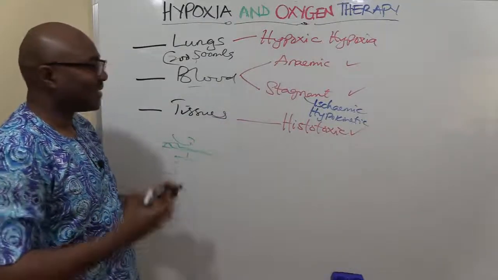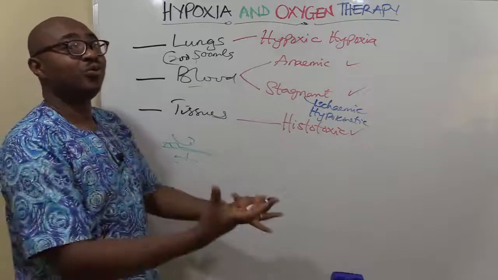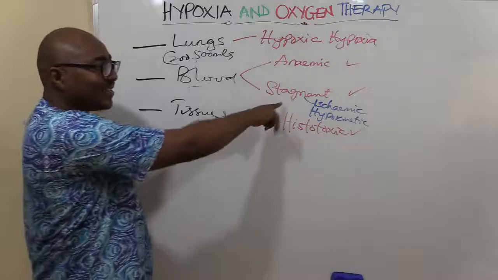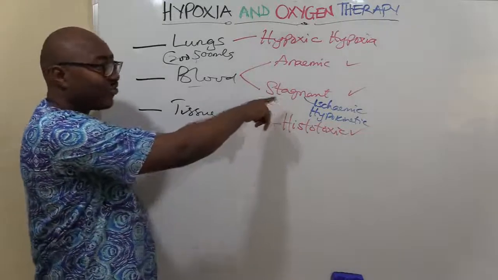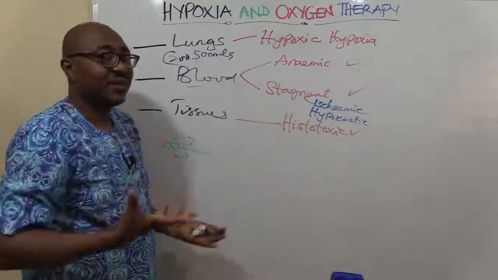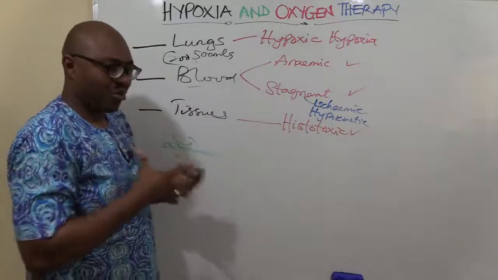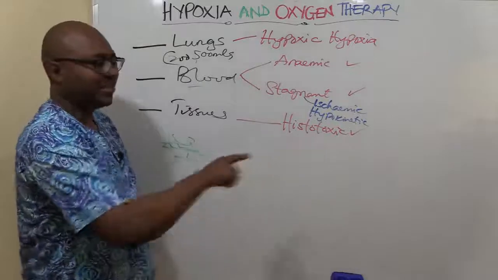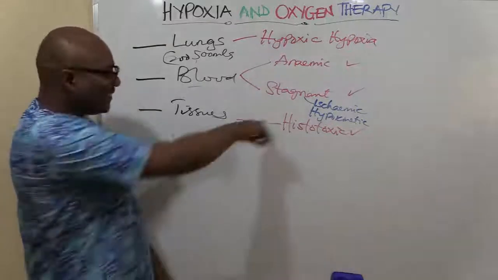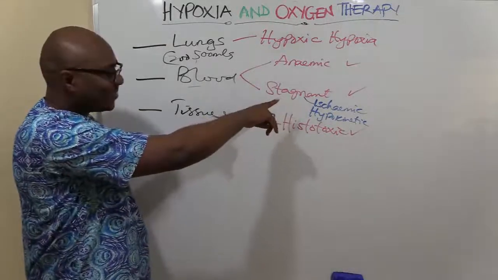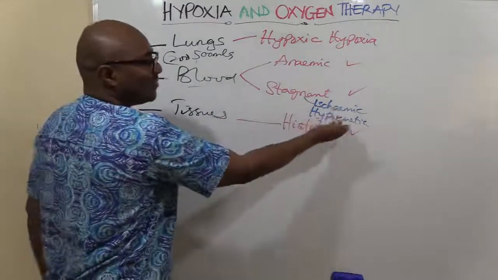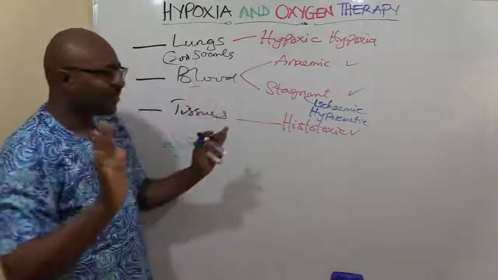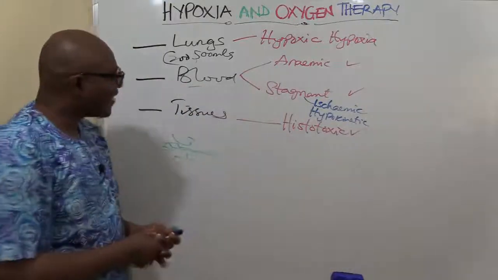That means anything that is affecting adequate blood flow. So you can see that a very good cause of stagnant hypoxia is heart failure, for example. The heart is not pumping blood with enough force to push it to different organs. So that's what causes stagnant hypoxia. Hypokinetic means less speed, or ischemic, they're all the same thing. Then now we go to the final one.